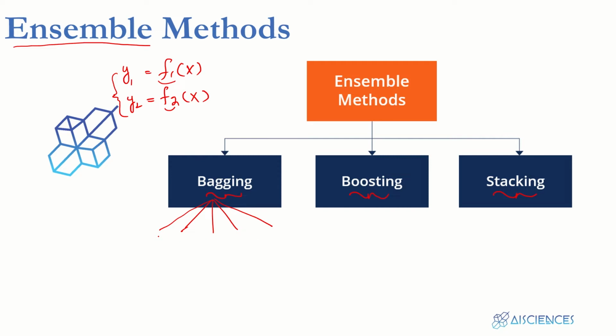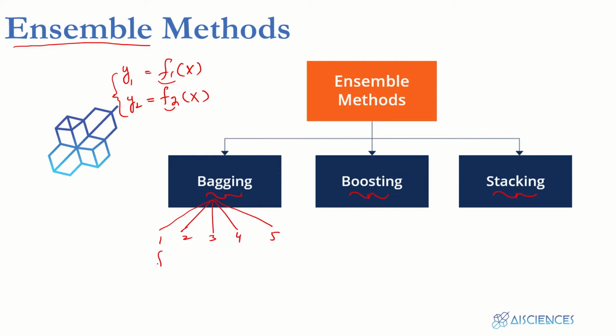The key difference here is that all these different models, let's say model 1, model 2, model 3, model 4, model 5, regardless of whether they are different or belong to the same class of models, like all SVMs, all decision trees, or all logistic regressions, are each trained on a different subset of data.